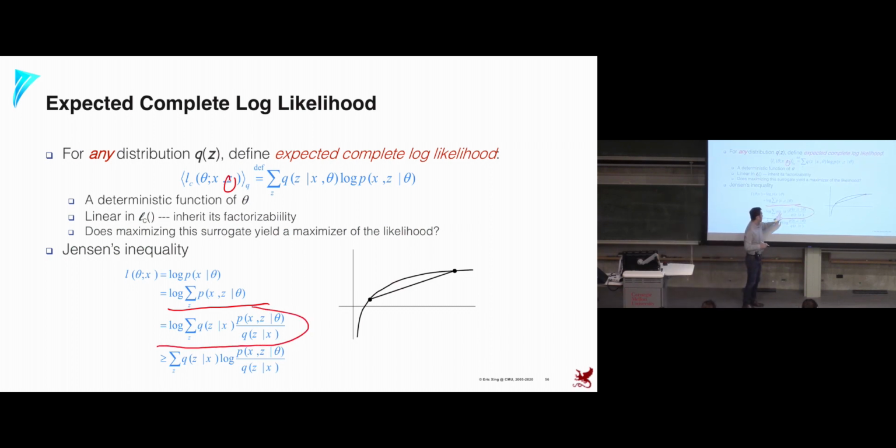Right? We are plugging this and that upstairs and downstairs. Jensen's inequality says that there exists such an inequality: the log of the weighted sum of something is always greater than the weighted sum of the log of something.